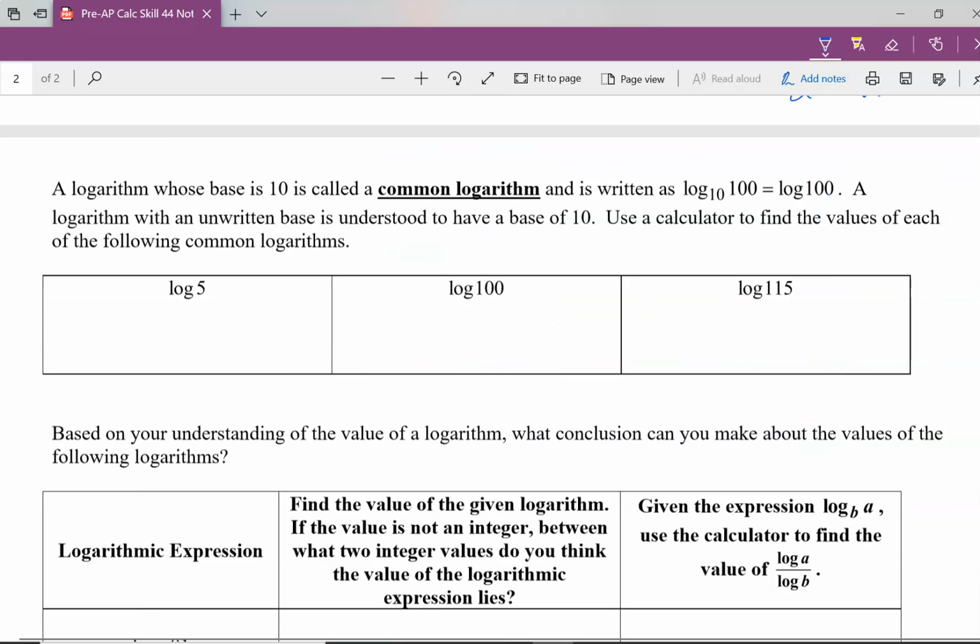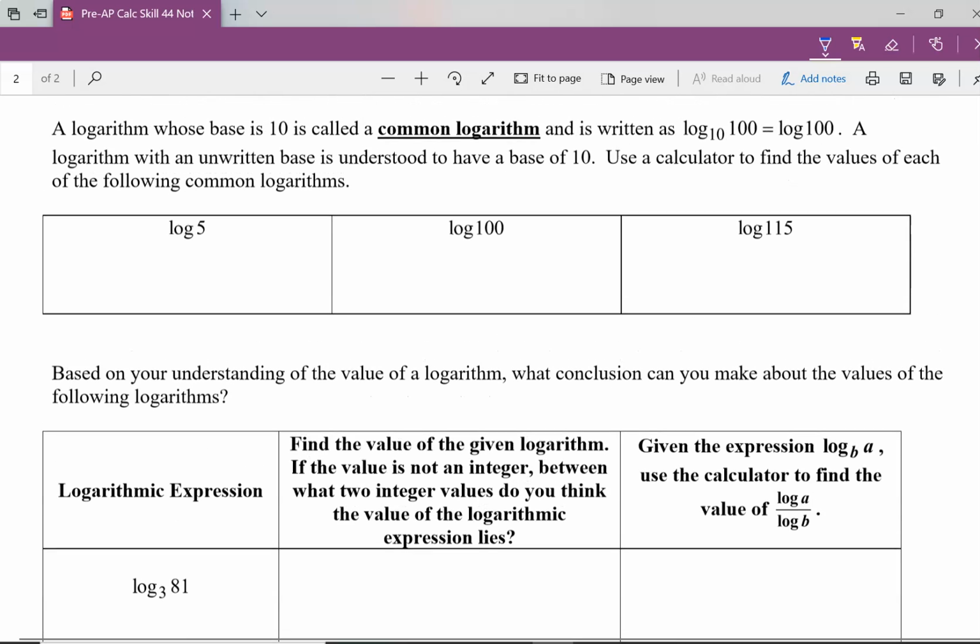All right, let's go ahead and try some examples on the back. Next we're going to practice using our calculators. We're just going to practice using the log button. You have a log button on your calculator, so just practice typing some of these in. So log 5, you should get 0.699.